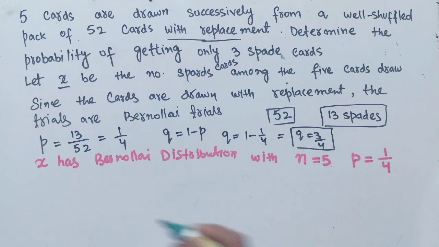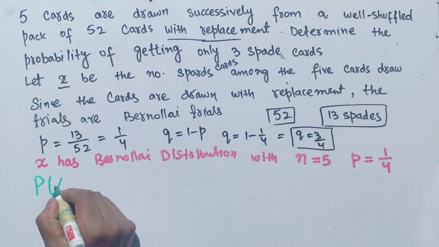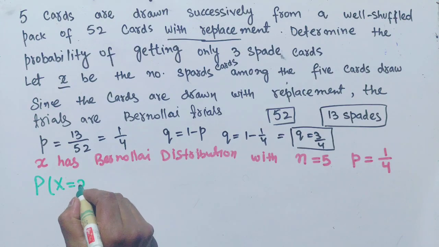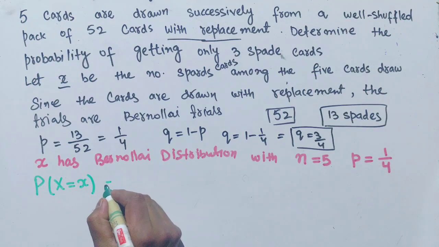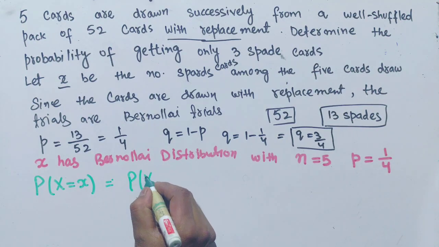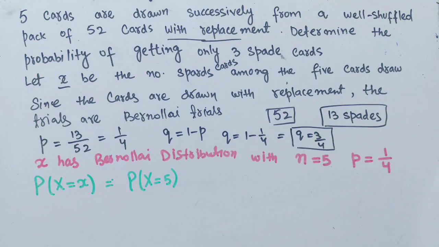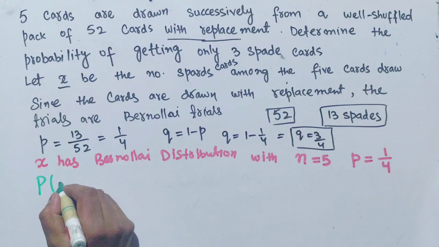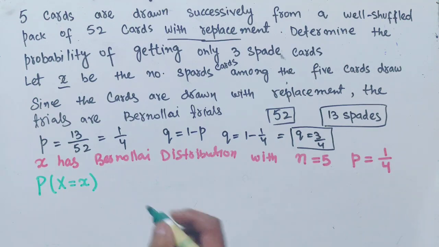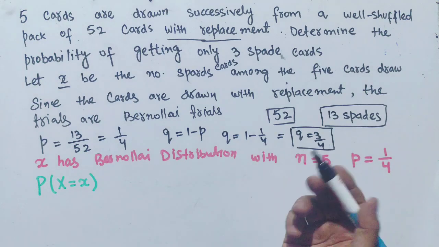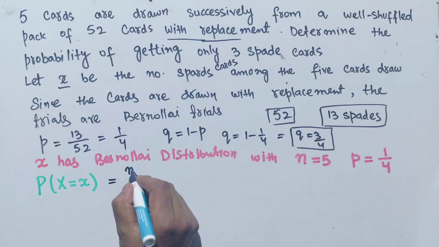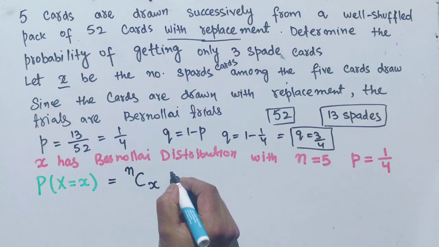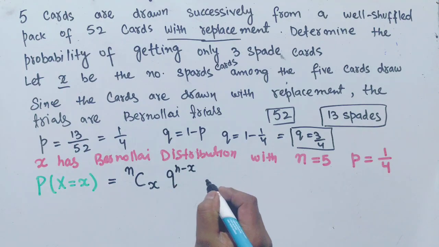Now let me first write the distribution formula. The probability of x equal to small x, where x is from 0 to n, will be equal to nCx q raised to the power n minus x times p raised to the power x.